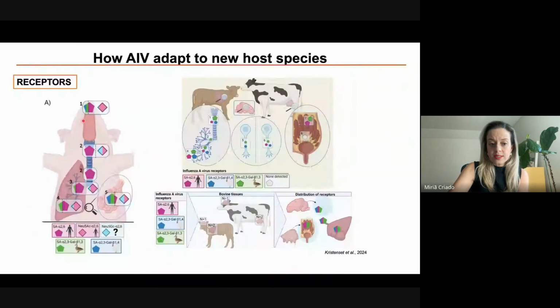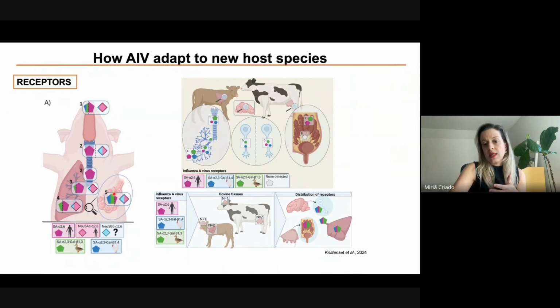And one example, as you can see here in some work in swine, that is a mixing vessel that usually circulates all the viruses. It was already known that, depending on which part of the respiratory tract, you have different expressions of alpha-2,6 and alpha-2,3 in these animals.